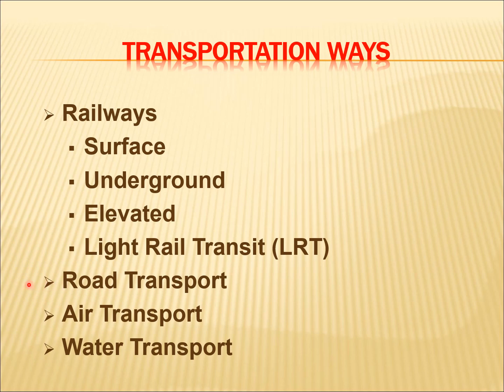The next transportation way is road transport, then air transport, and then water transport. In this subject of transportation engineering, we are not going to cover water transport. We will focus on the highways, railways, and the runways in this particular course.